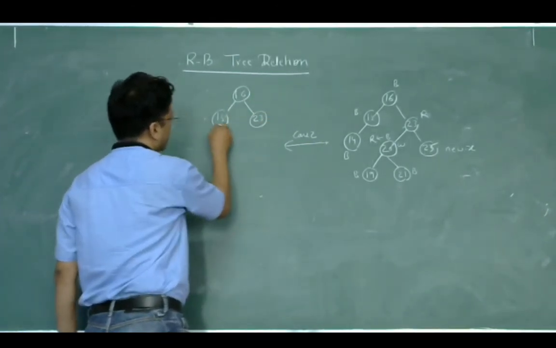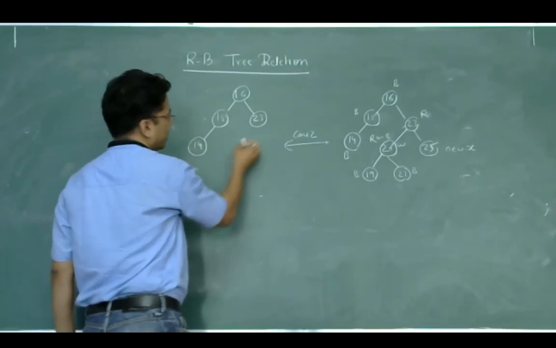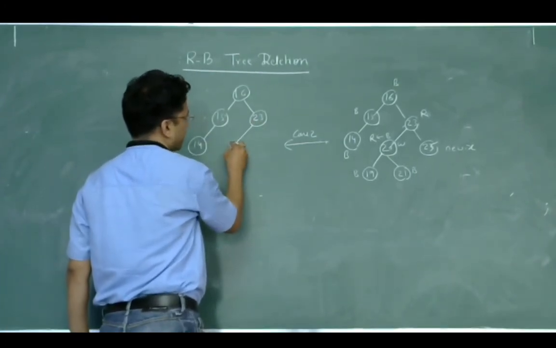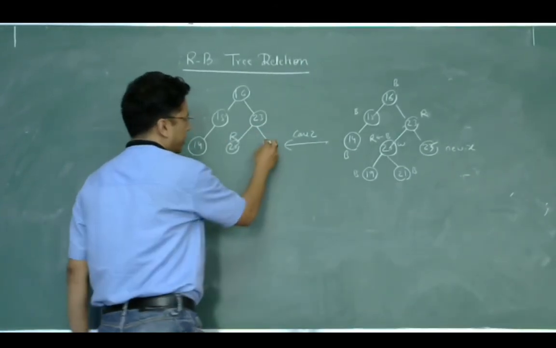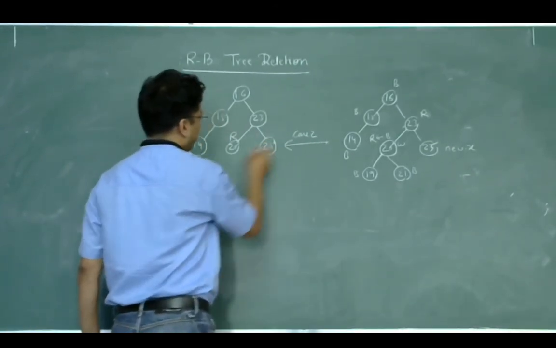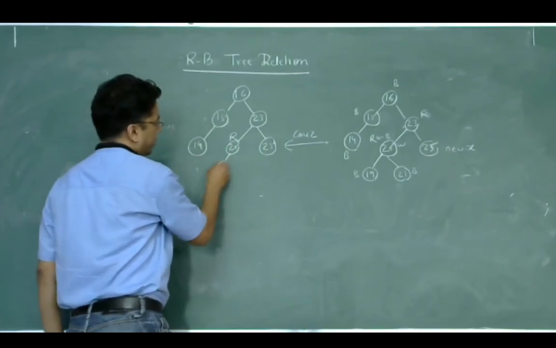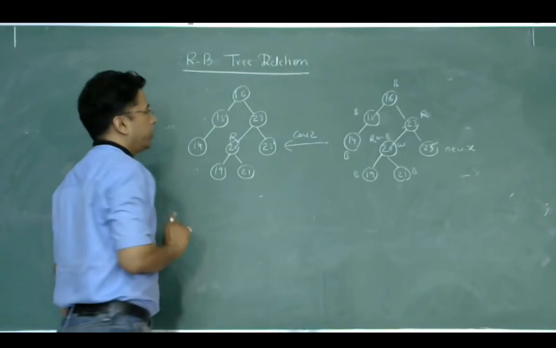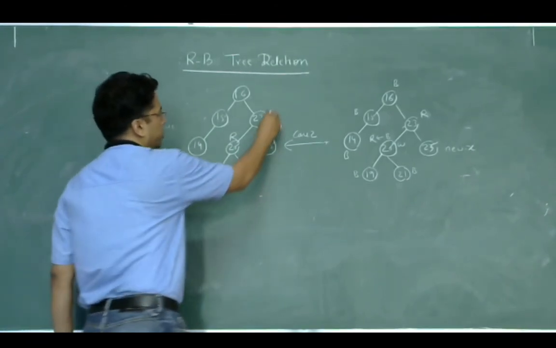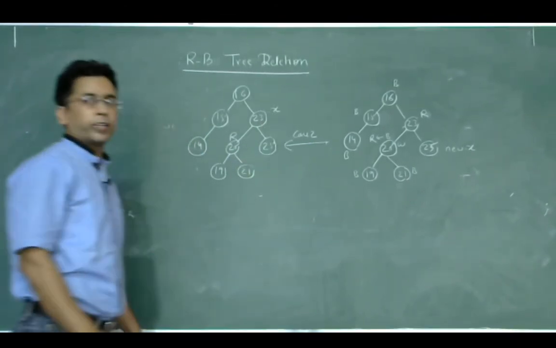23, 14, 20. Now it is of red color, but just 25, 19, 21. Do not forget to find out the new value of x. Now x will shift to the position of the parent of x.